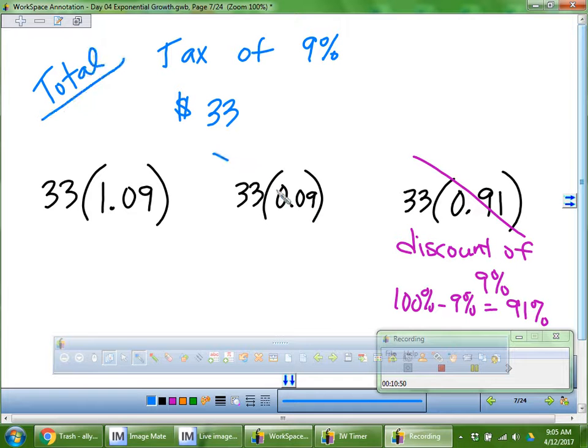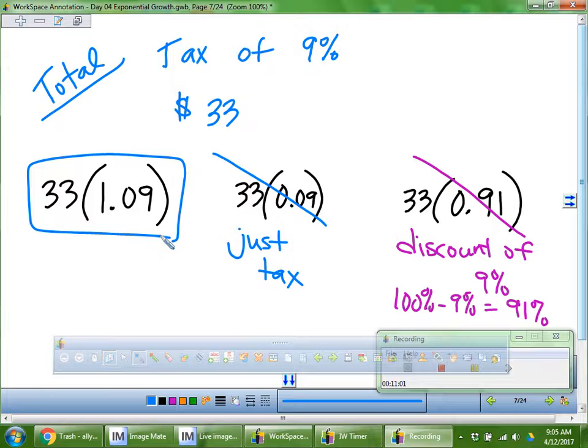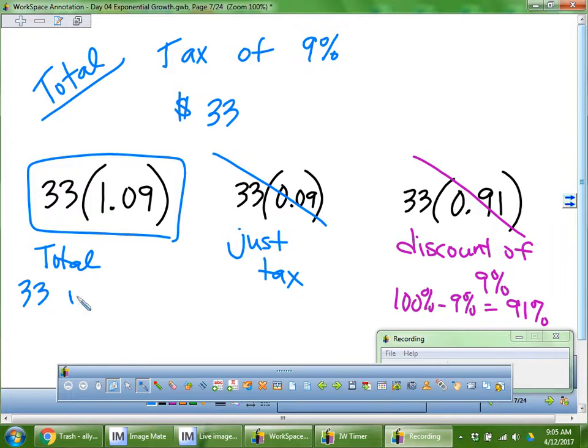Okay, now we're looking for the, I wanted the total. So this one's not right either. What does that one represent? Well, that's just the tax. That's just the tax. So it's not like wrong, it's embedded in our right answer, right? We need to figure out that. That tells us how much the tax is, but this tells us our total because we have to pay $33 plus how much is our tax?